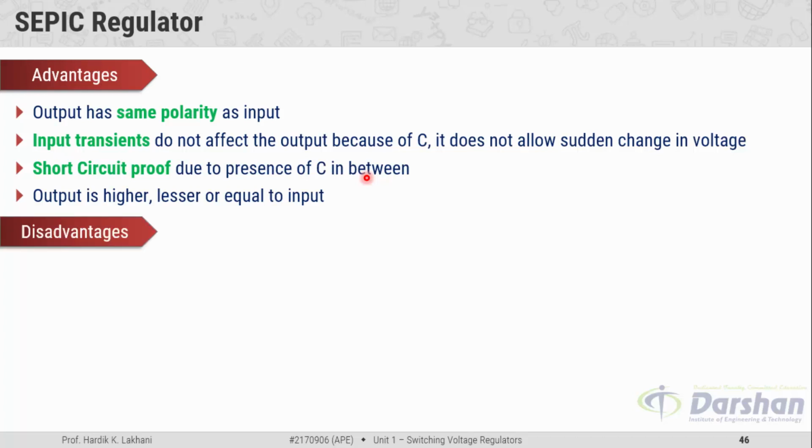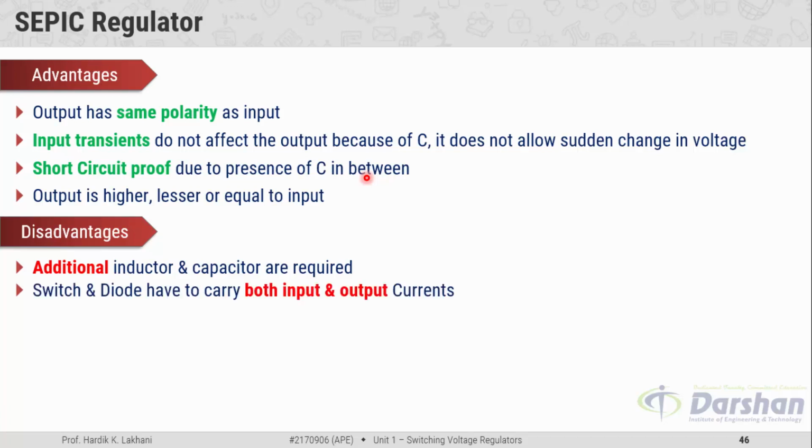Disadvantages of the SEPIC regulator: same as the Cuk regulator, we need one more inductor and one more capacitor to construct it. So an additional inductor and capacitor are required. And similar to the Cuk regulator, the switch and diode have to carry both input as well as output currents, which means that during mode 1, the switch has to carry two currents.